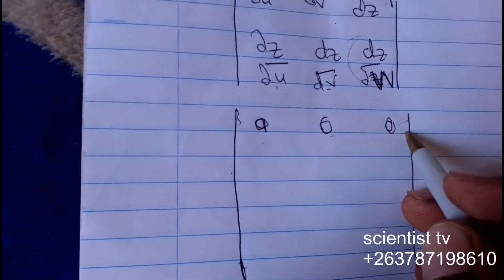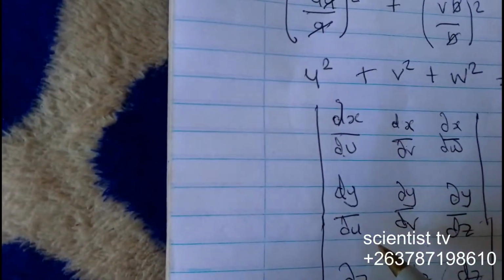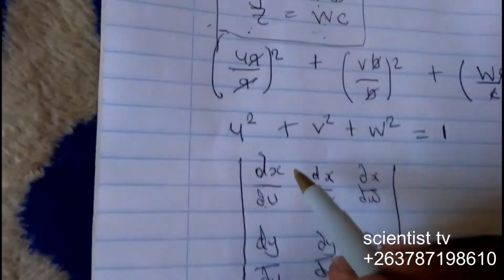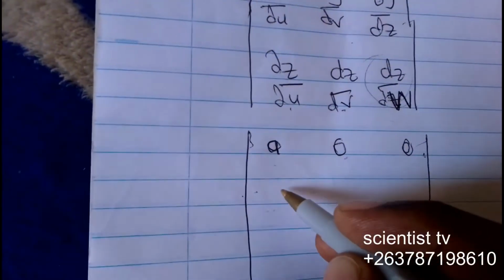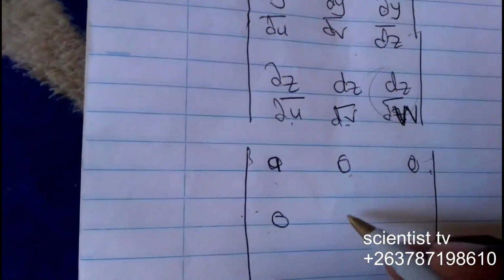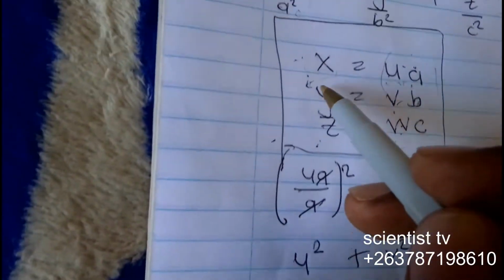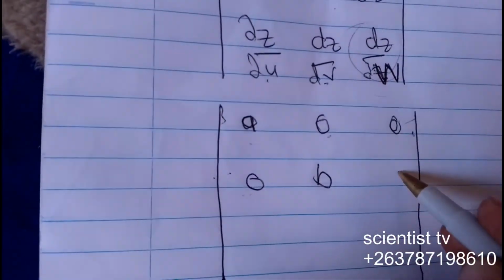A is 0. Okay, now the second column, second row, dy/du, which is 0. Then dy/dv, which is b, and dy/dw, which is also 0.